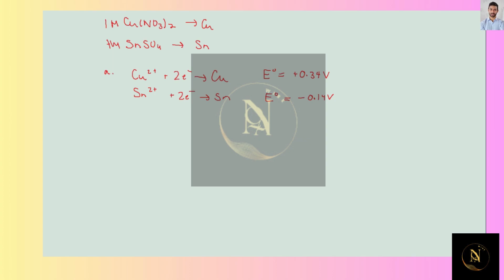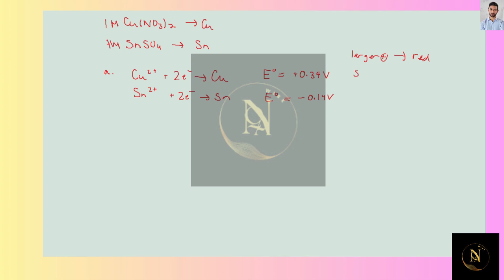So the question is, which one is being oxidized and which one is being reduced? Whichever one is more positive, so we want a larger positive value on a reduction potential list, is the substance that is going to be reduced.